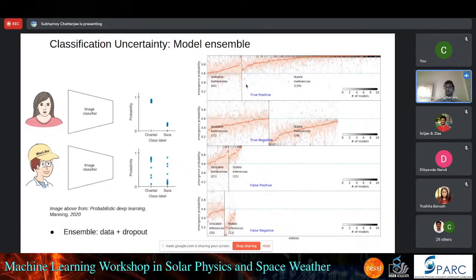You can see in the unstable inferences region, even though the median is higher than the tuned probability threshold, there is this spread which contains that threshold. The y-axis is the probability of emergence happening within the video, and the x-axis is the video index. The gray pixels are the histogram density.